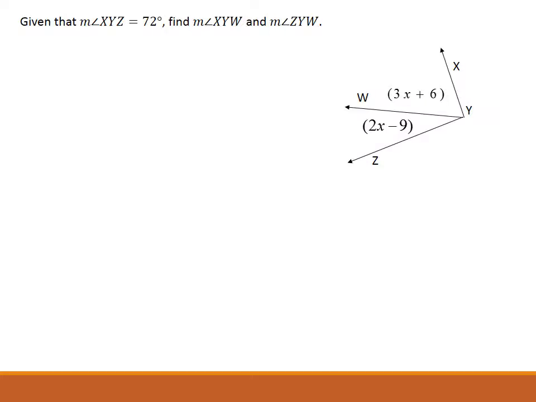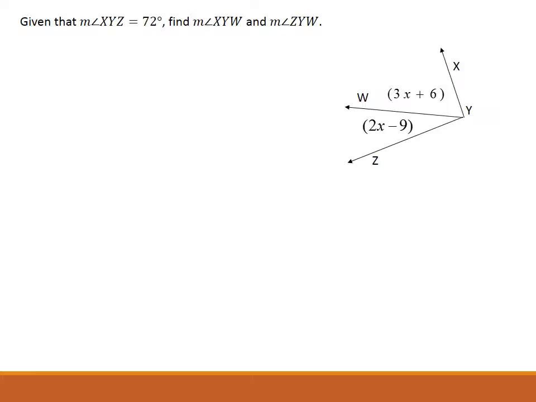So let's use angle addition postulate. Given that measurement angle XYZ equals 72, find measurement angle XYW and measurement angle ZYW. So let's look at our picture. Angle XYZ is the larger angle. We're saying that that whole angle is 72 degrees.